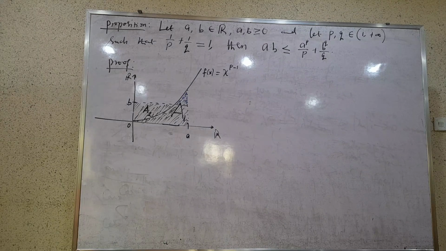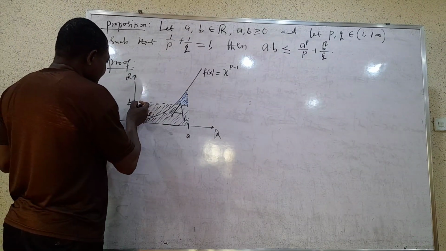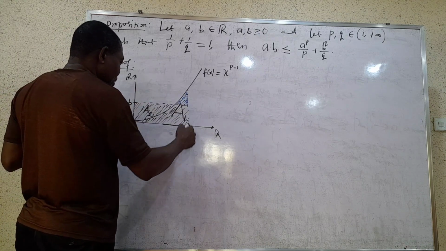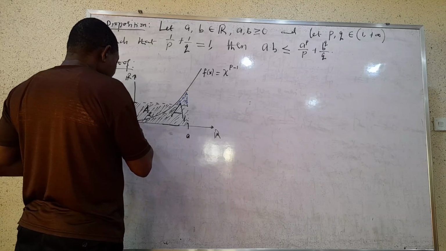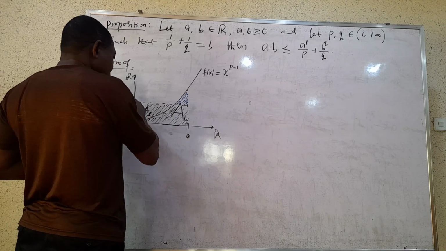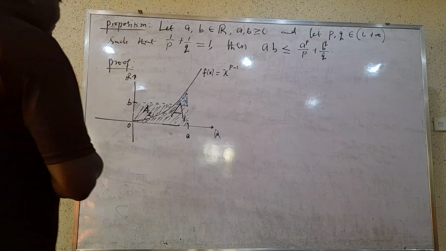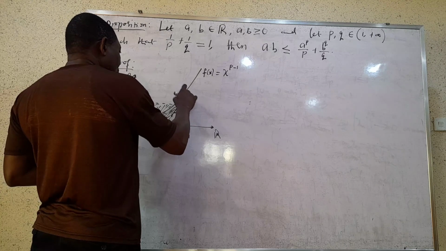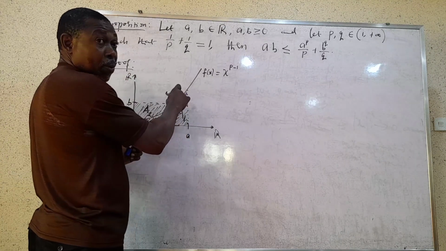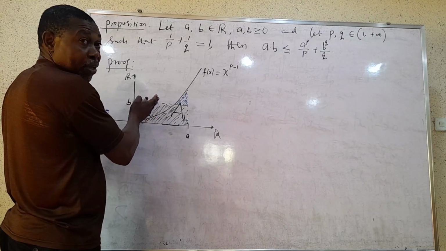Interestingly, there is another area we can still observe, and that area is the area of the rectangle. If you look at that, then it's nothing but what? A times B, that is length times the width. But you observe that the area under the curve, with the portion in blue, is more than the area above the curve.